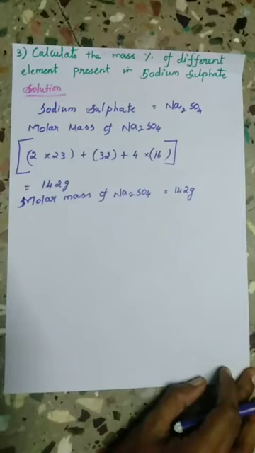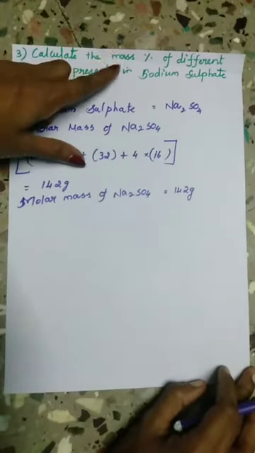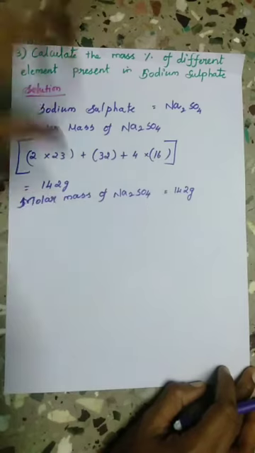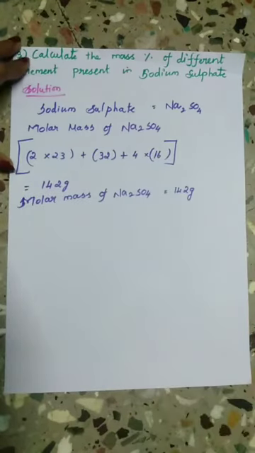So what they have asked here is the mass percentage of the different elements present in sodium sulfate. They asked about the different elements: sodium, sulfur and oxygen.